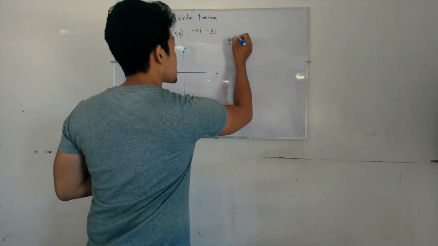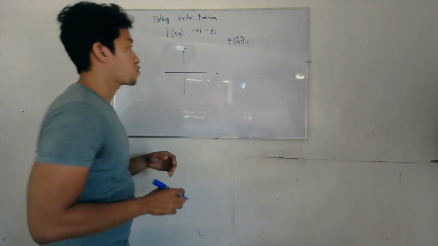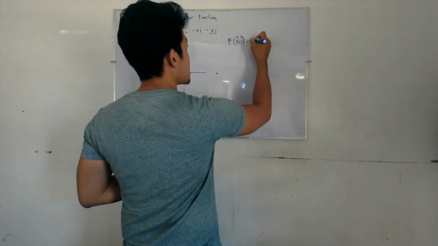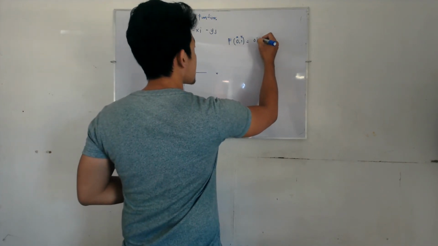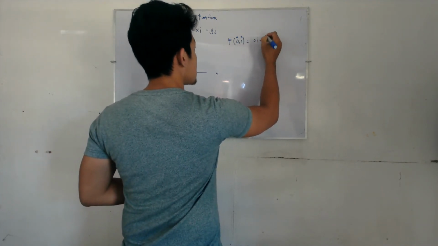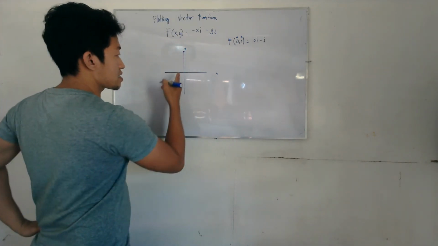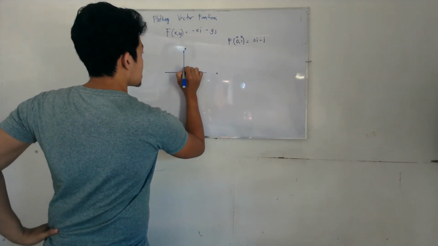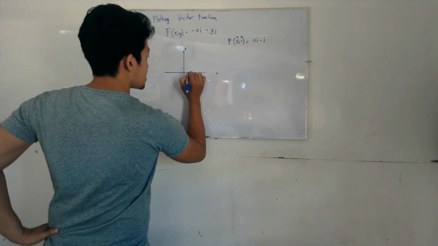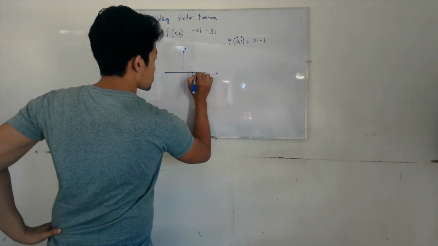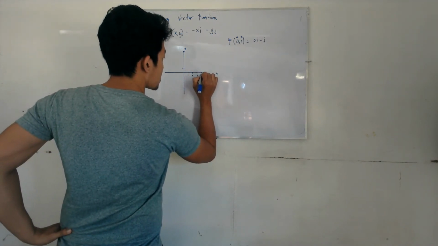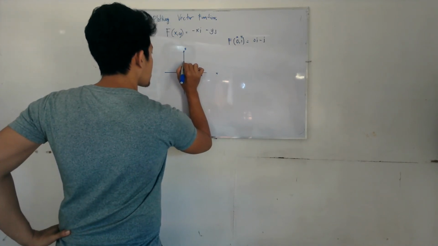These are your x and y values, so you get 0i minus j. Where is (0, 1) here? This is 1, 2, 3, 4.